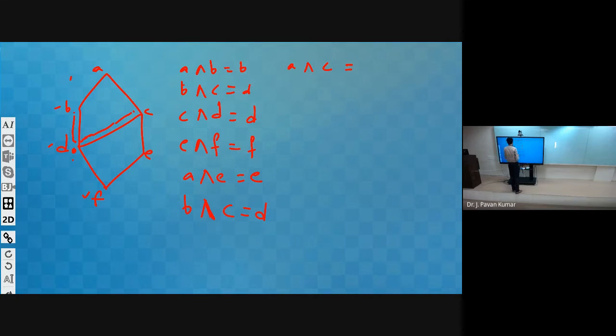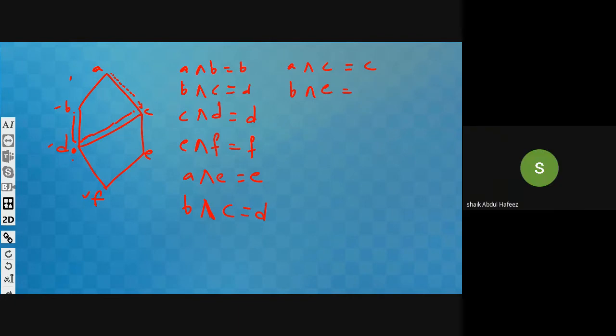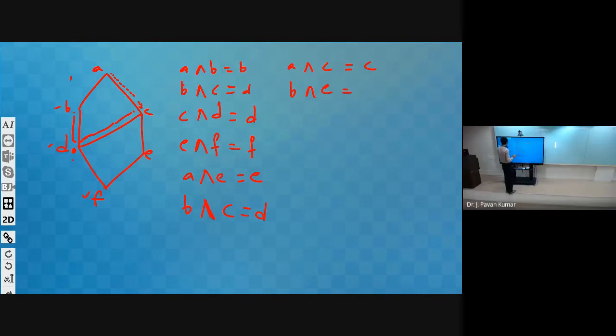Because all the elements are related to C. So C will be the greatest lower bound. By using the diagram also, we can say A is meeting C here itself. So C will be the answer. Next, similarly, B meet E. It will be F definitely.